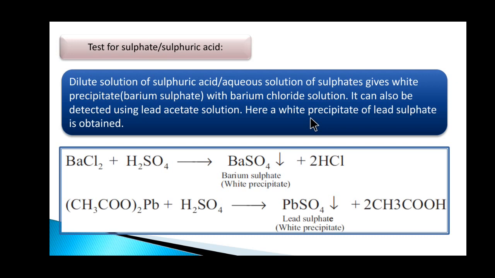When barium chloride reacts with sulfuric acid, it gives barium sulfate, a white precipitate, so we confirm the sulfate compound. Lead acetate reacts with sulfuric acid to give lead sulfate as a white precipitate, so we confirm a sulfate compound. By the way, this is used for confirming or detecting a sulfate compound.